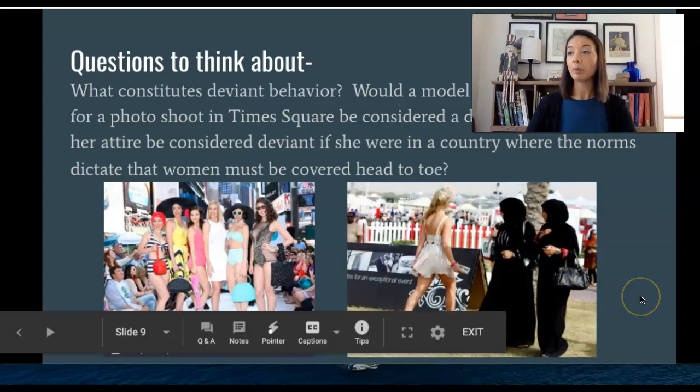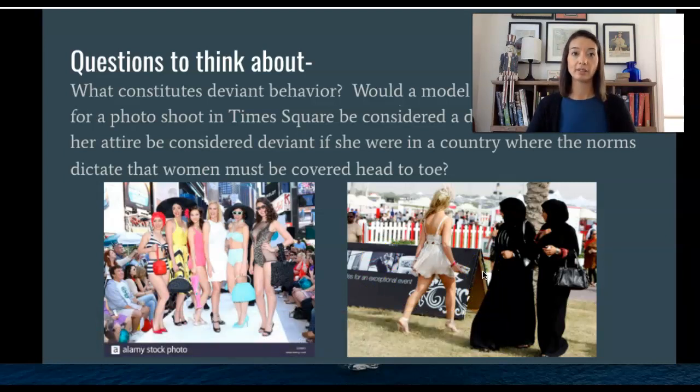So I'm going to end with this photograph of women who are supposed to be covered compared to this other female who definitely is not dressed like them.